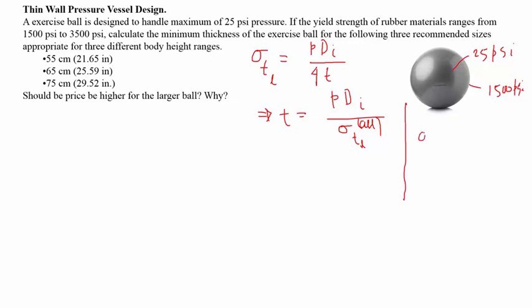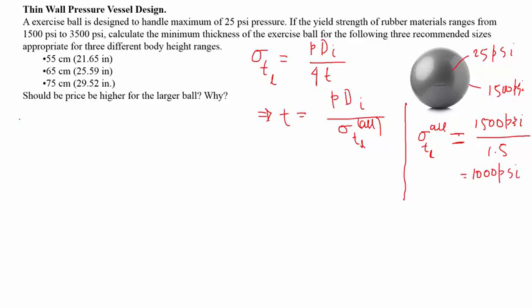This is a gym ball, so we don't need much factor of safety, so we can simply do 1500 psi with maybe 1.5 factor of safety, so that becomes 1000 psi allowable stress for rubber material.